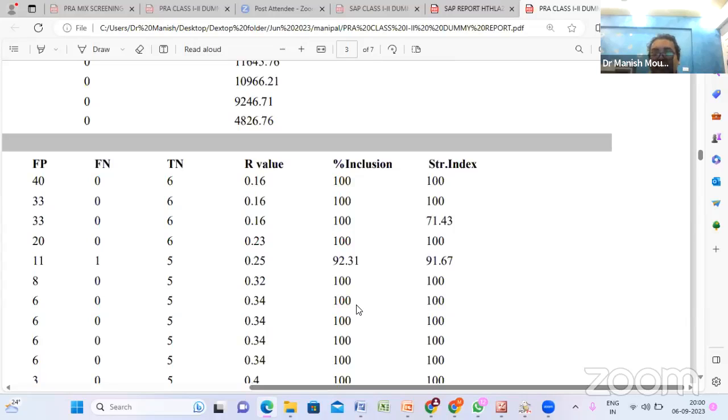Sometimes the titer is very high, like if any laboratory is giving a single antigen positive of more than 10,000 or 15,000 and PRA is negative, that means the titer is very high and they have to do a dilution based assay to prove that PRA is also coming positive because of the prozone effect.